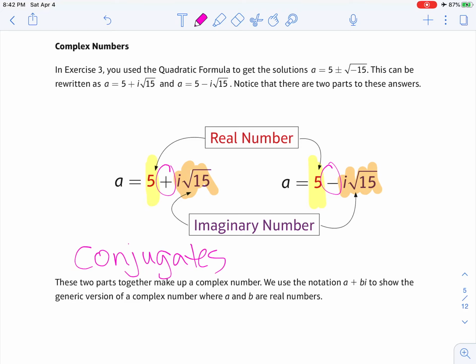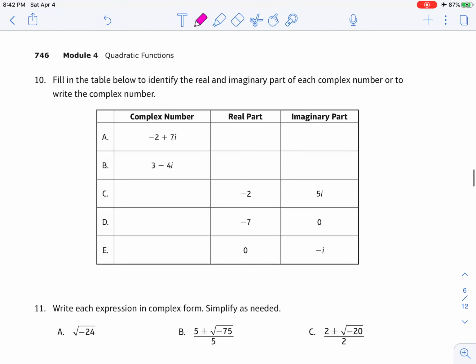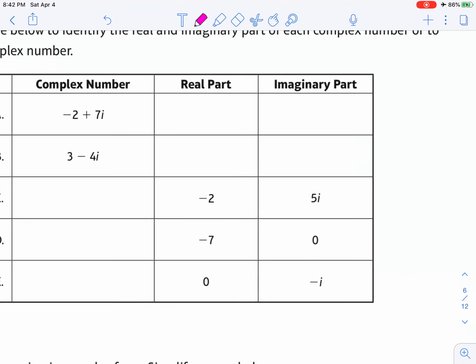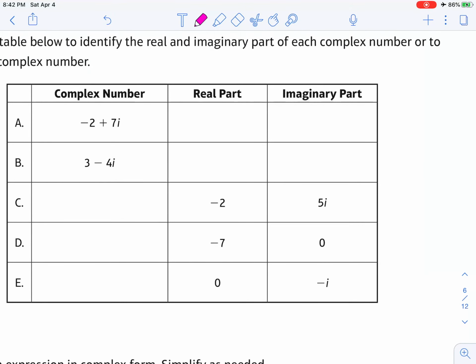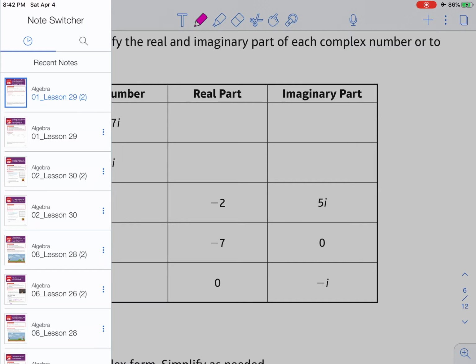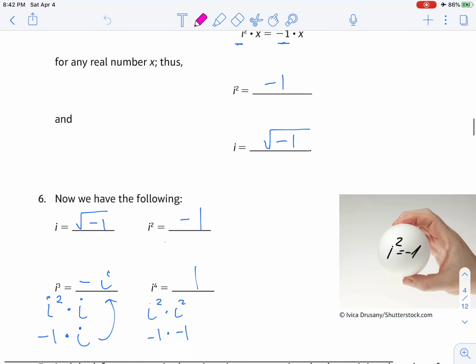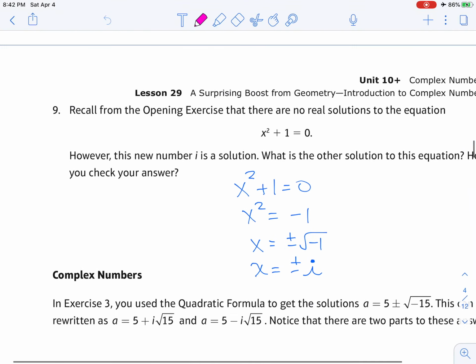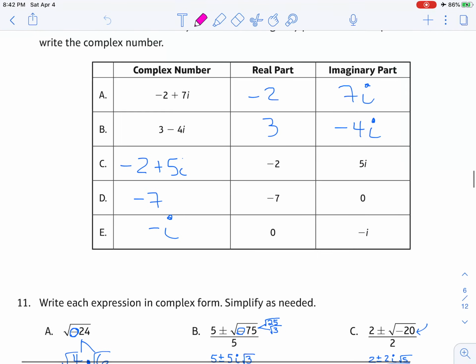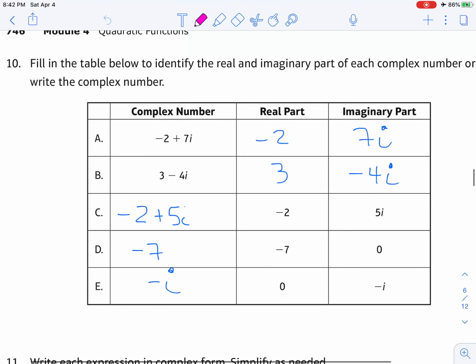They are conjugates of each other. All solutions will have a conjugate. Okay, so right here, we're going to write the real part, we're going to write the imaginary part. Fill it in. So when you fill that in, you should get this right here.